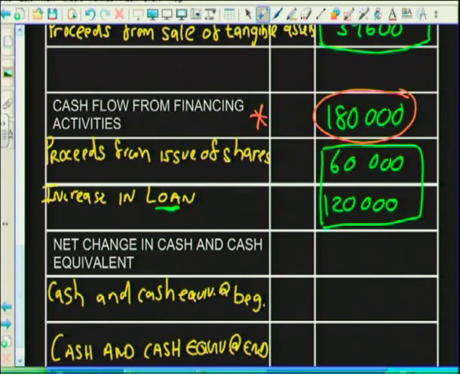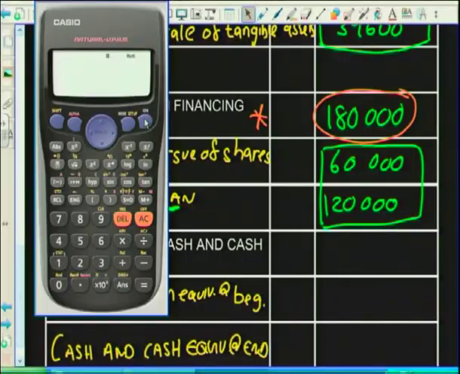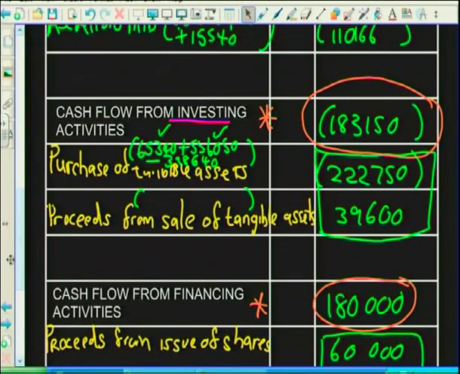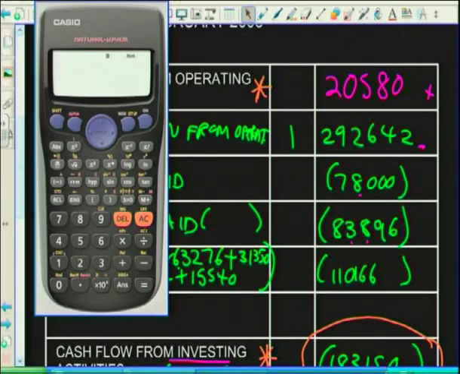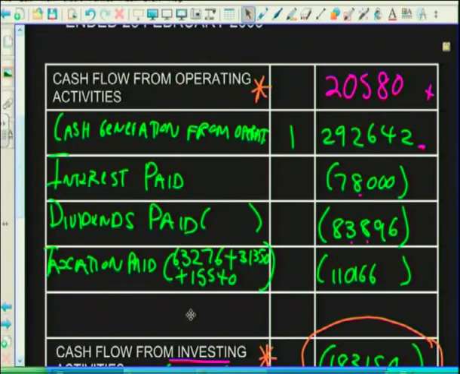All we're doing is adding these amounts, obviously subtracting whatever was in brackets. If we get our calculators out, we're starting off with 20,580. We've got a negative amount, so we are subtracting 183,150. And then we are adding that 180,000 to get the net change in cash and cash equivalent, an amount of 17,430.